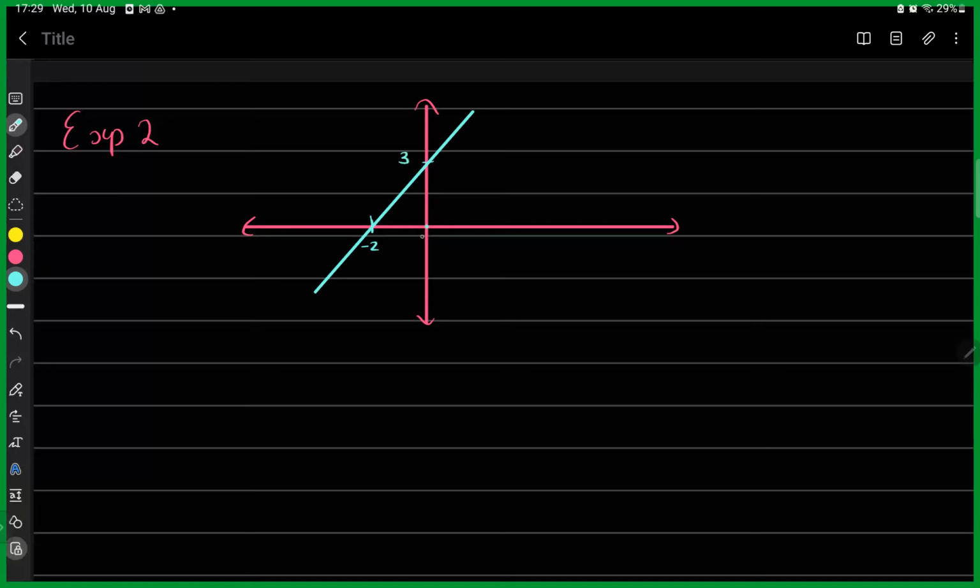This is 0, this is your y-axis, this is your x-axis, and the question says, find the equation of the given line.